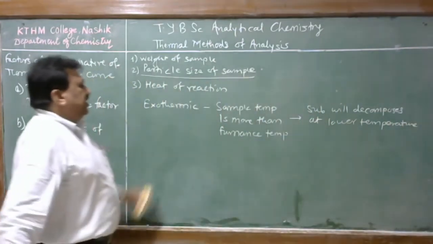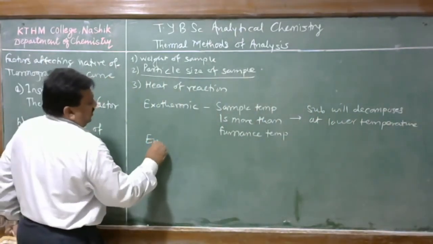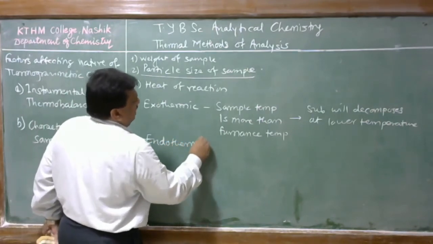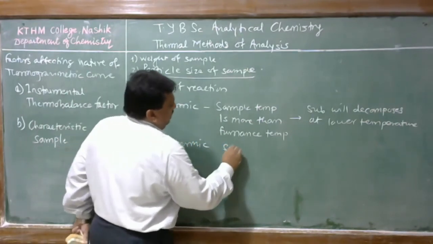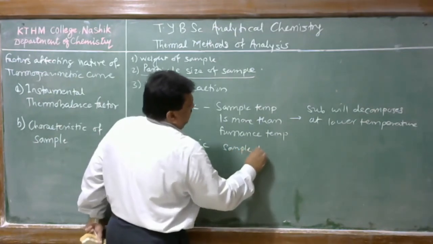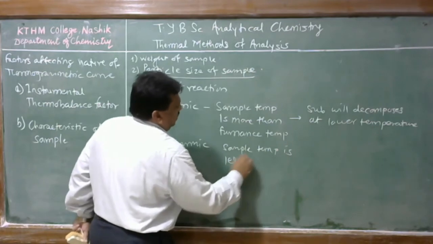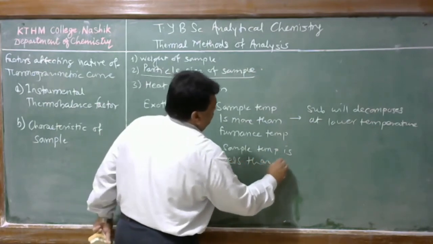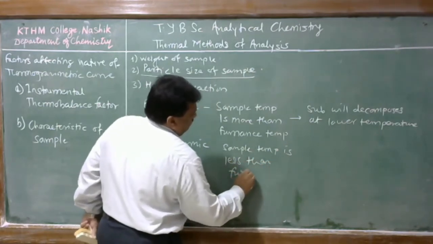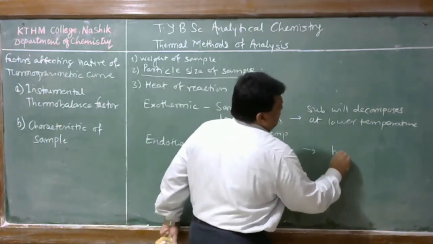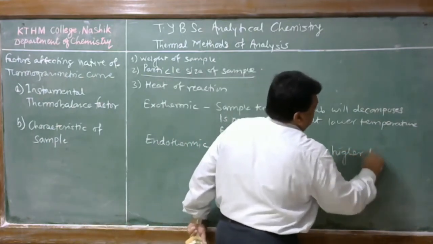And if the reaction is endothermic, that means heat is absorbed. At that time, the sample temperature is less than the furnace temperature. Then the substance will decompose at a higher temperature.